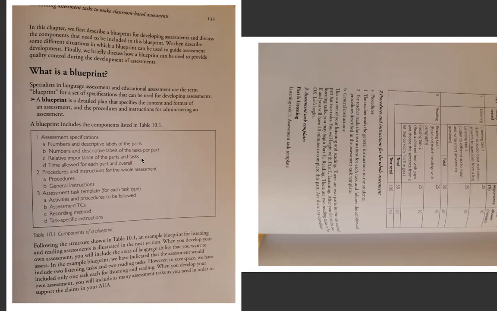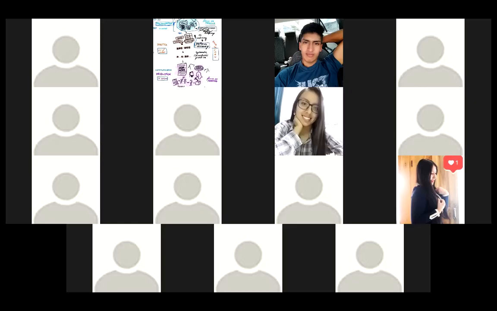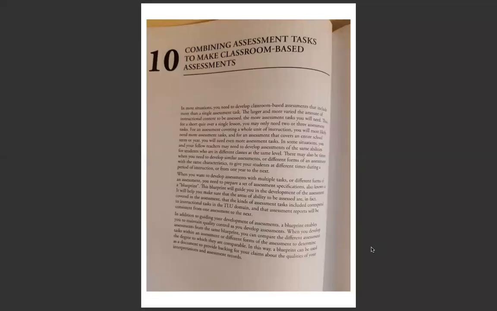And the last part is the assessment task template, which we already saw in chapter 8. And this has to be done for each task type. Remember that from the task type, we can create new assessment tasks.